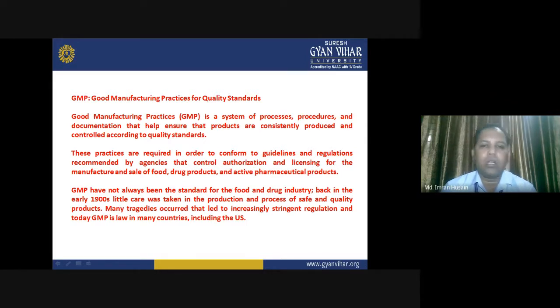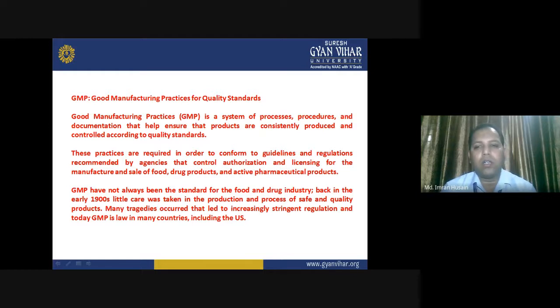These practices are required in order to conform to guidelines and regulations recommended by agencies that control authorization and licensing for the manufacturing.